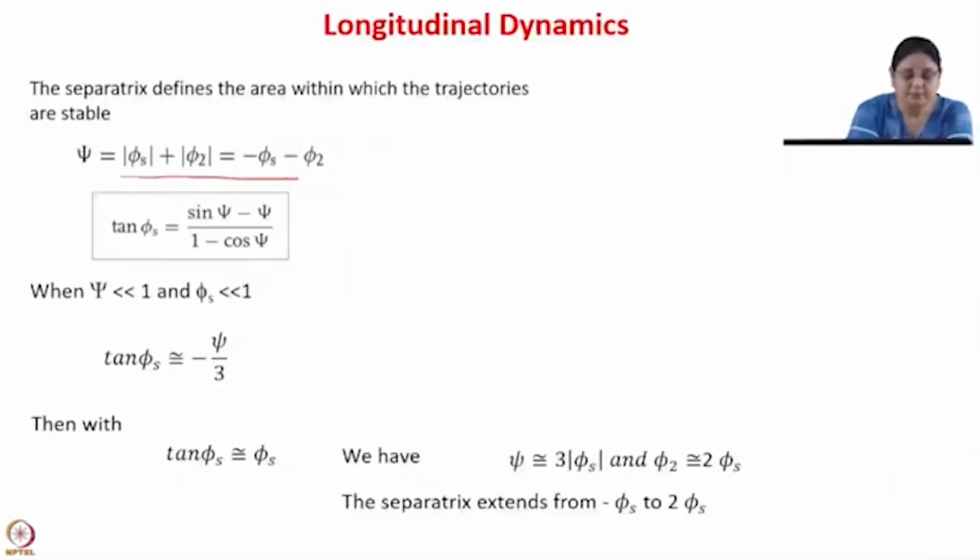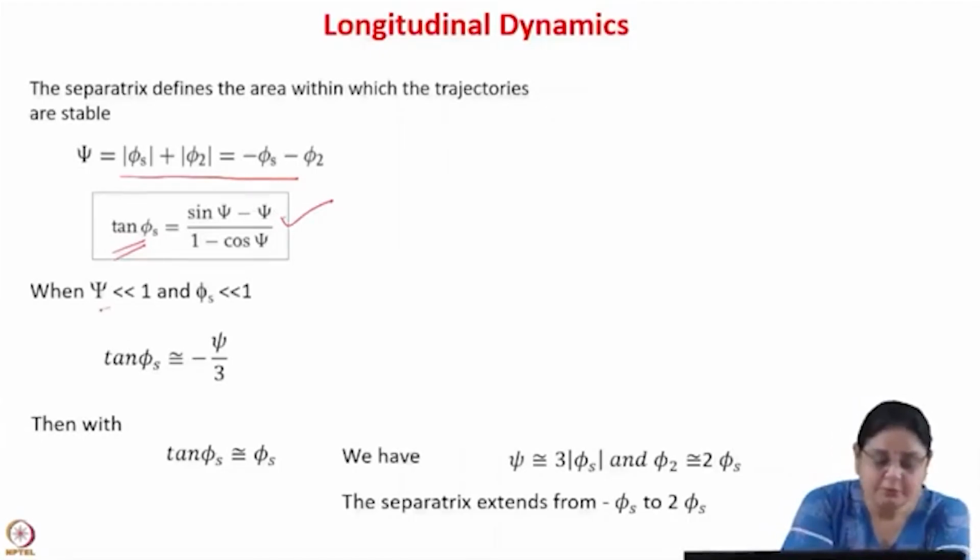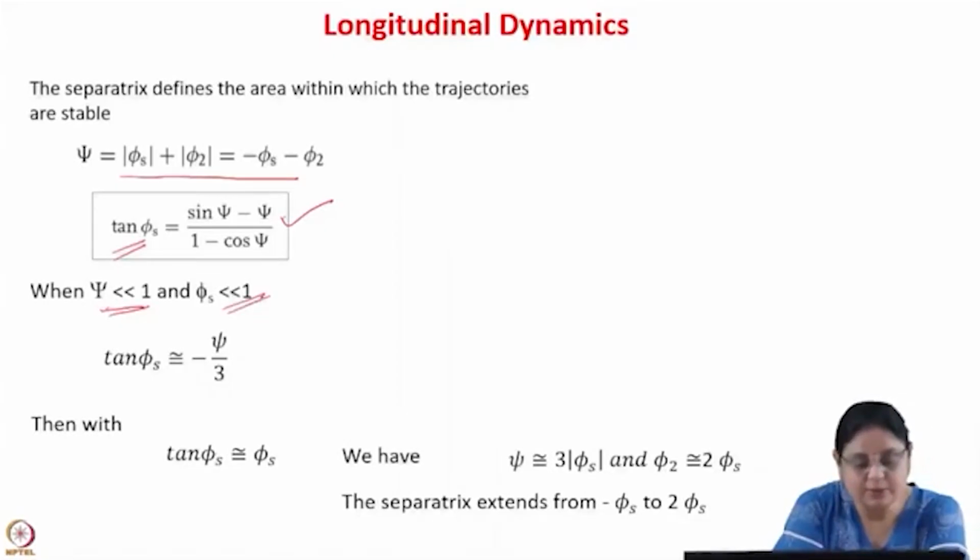From this expression we can write an expression for phi s in terms of psi. So we get tan phi s equal to sin psi minus psi divided by 1 minus cos psi. Now if the separatrix width and the synchronous phase are very small as compared to 1, this can be simplified, and under this approximation, tan phi s is equal to minus psi by 3.